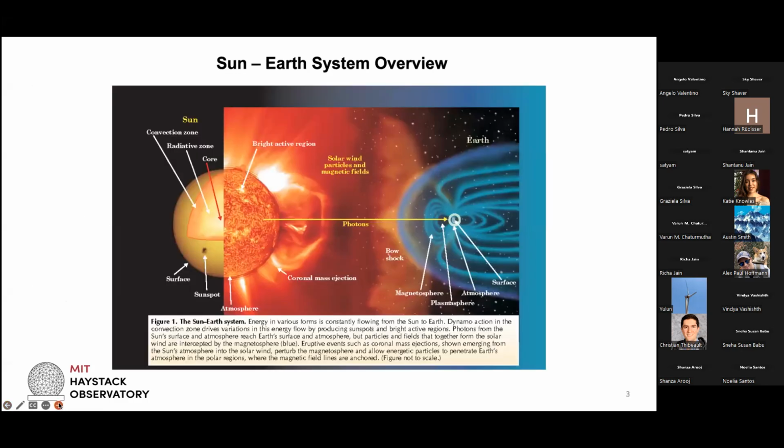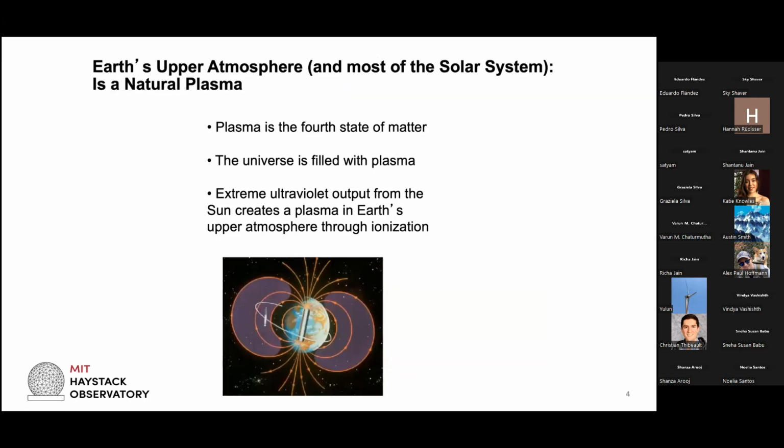I think you've been getting an overview all of this time, going from the sun all the way through the heliosphere to the Earth's magnetosphere. And you see this very little blue line right in the center here. That's the ionosphere. So in perspective, we're a much smaller piece.